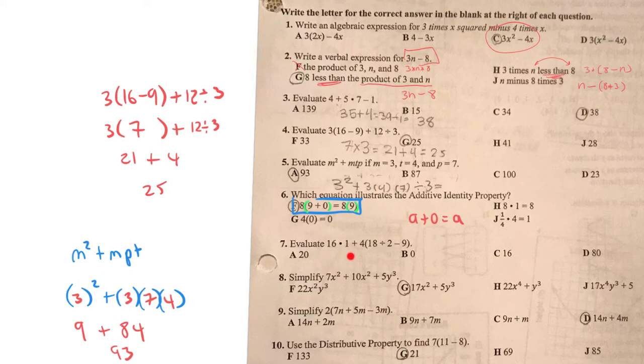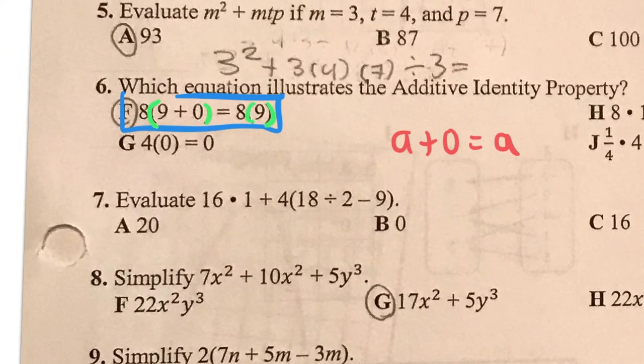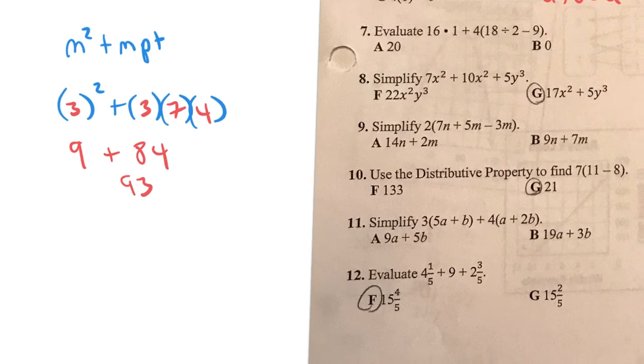Okay, evaluate this. PEMDAS would have us do the parentheses first. So we will be doing that. I'm going to copy it. 16 times 1 plus 4 times (18 divided by 2 minus 9). So 16 times 1 we're going to leave alone for now. Simplify the parentheses first.